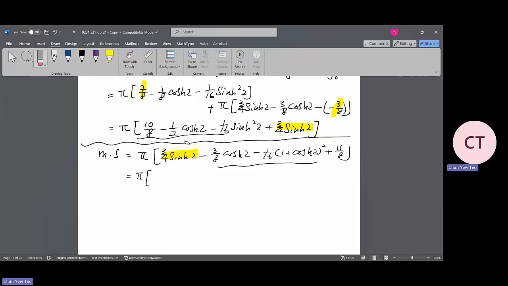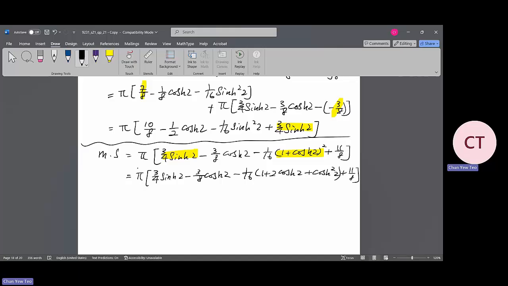But the rest, all the values here and my values here, all look different. But if you expand this portion and simplify it, you're supposed to be able to get the same answer as mine. So let us just try to expand over here to check whether my answer and the mark scheme answer tally. This one will be 1 plus 2 cos 2 plus the cos square 2, plus the 11 over 8.